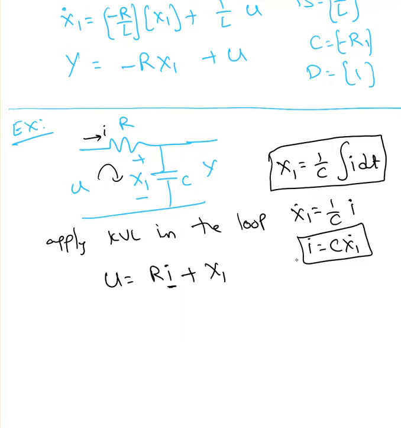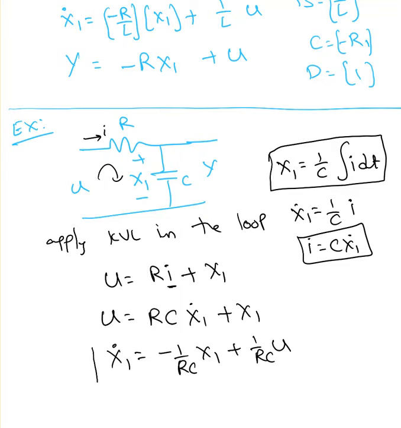I'm going to replace this I here. So U equal to R times C times x1 dot plus x1. So x1 dot equal to minus 1 over RC x1 plus 1 over RC u. This is my state equation.